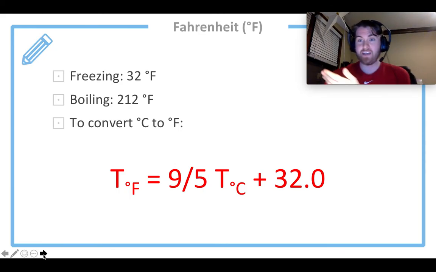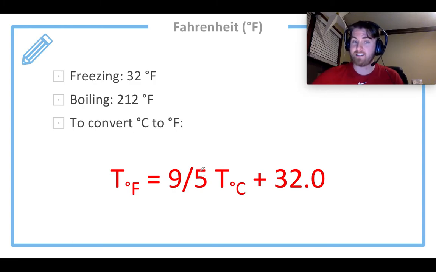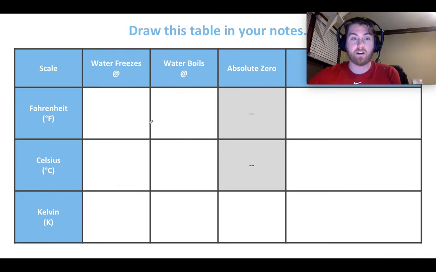Now, in order to convert from Celsius into Fahrenheit, you need to use this equation. The temperature in Fahrenheit is equal to 9/5 multiplied by the temperature in Celsius plus 32.0. So let's go back to our chart. The temperature at which water freezes in Fahrenheit is 32 degrees Fahrenheit.